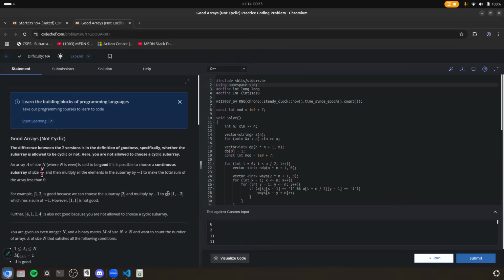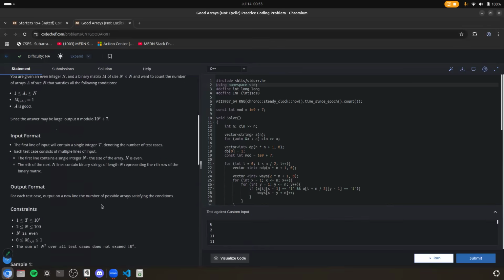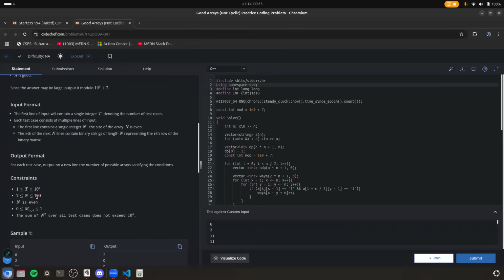However, 1 comma 1 is not good because the sum would be 0 at minimum. And further, 4 1 1 4 is also not good because you're not allowed to choose a cyclic subarray. The expected time complexity would again be just like the last question, O of n to the power 4.